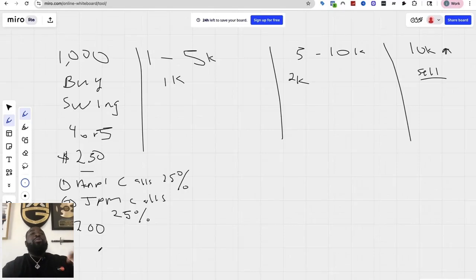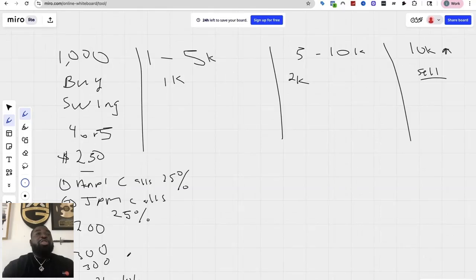Then you rinse and repeat that over and over. Same formula. Now you have $1,200, so each trade's budget is $300. You do 2 at a time, leaving the rest of your portfolio in cash. You do this until you get to at least 3K to 10K.